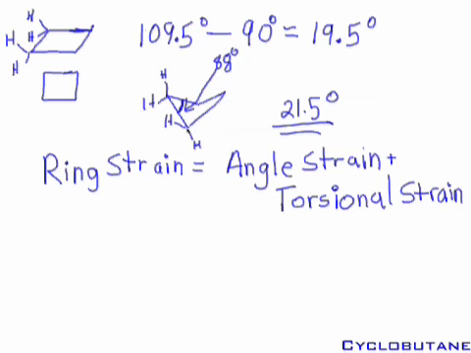The answer is that by increasing angle strain, it can reduce the overall ring strain. Because by puckering and going to a bond angle of 88 degrees, it staggers the hydrogens and reduces the torsional strain, so that there is a net gain in stability and reduction of overall ring strain.